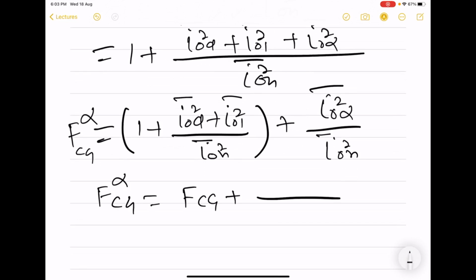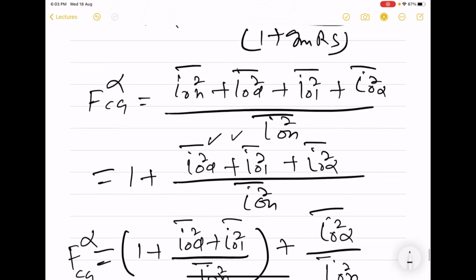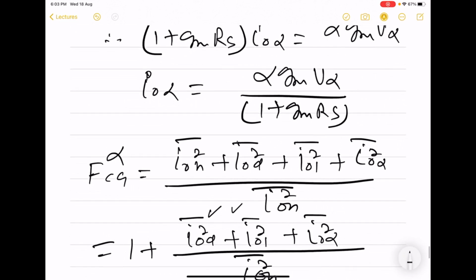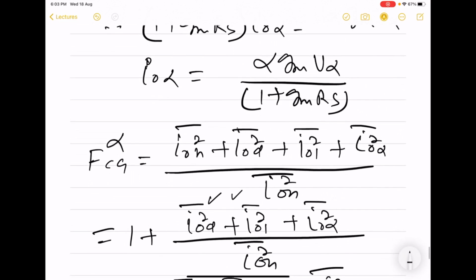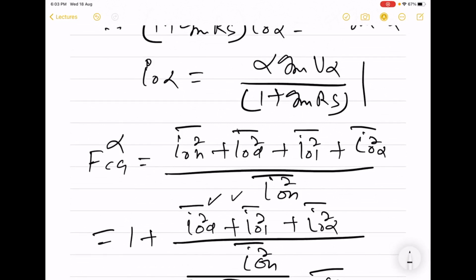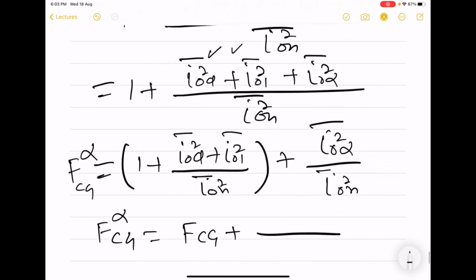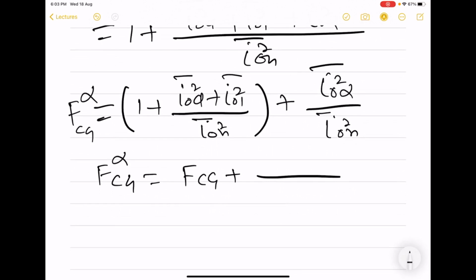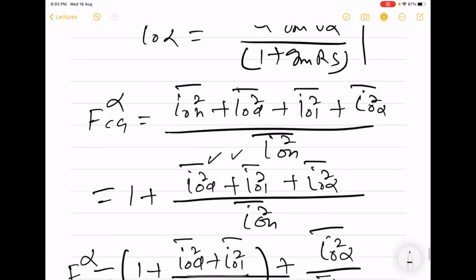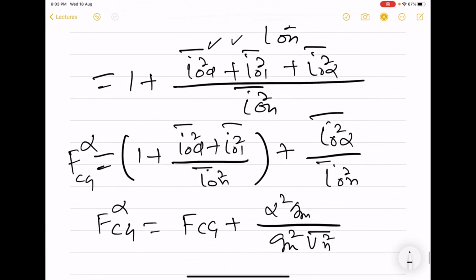Plus we have the additional factor. And here you can see that what we have here, this we can substitute, and 1 plus GMRS was present in the expression for IUN as well. So this will become GM square VN mean square in the denominator, and in the numerator we will have alpha square GM square V alpha mean square.